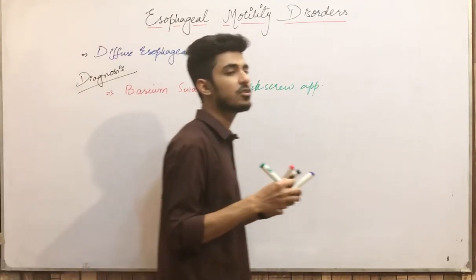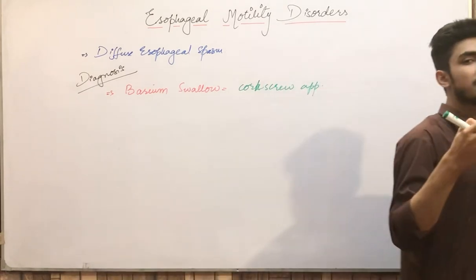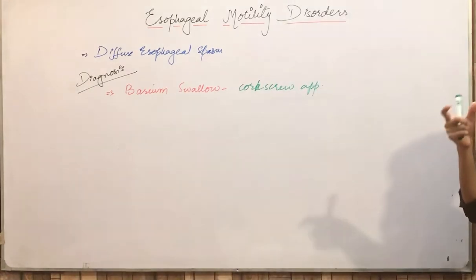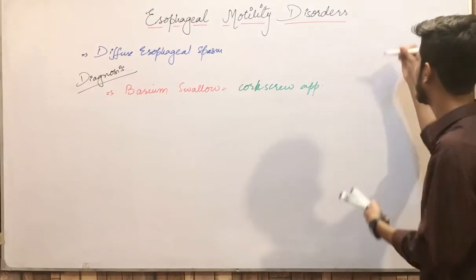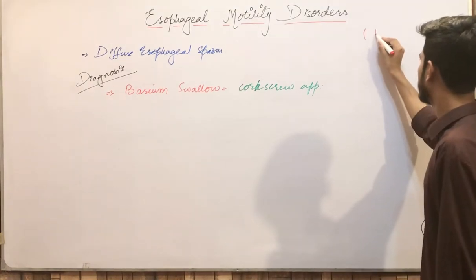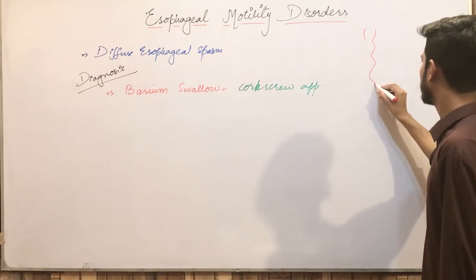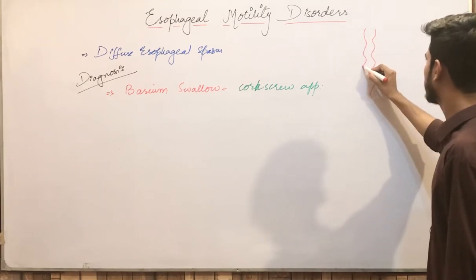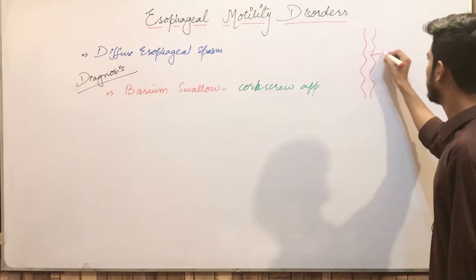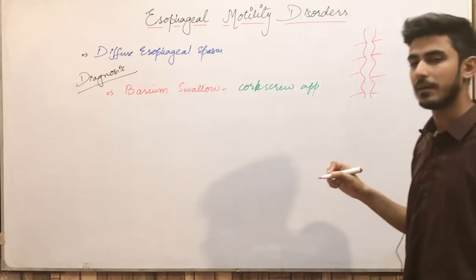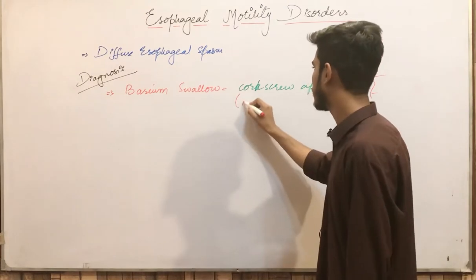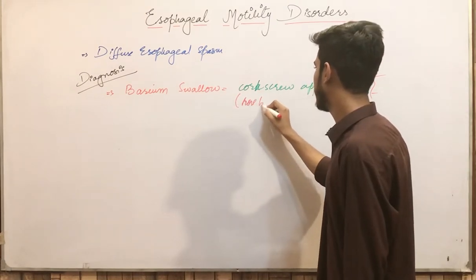This occurs because of discoordinated diffuse contraction. For example, this is your esophagus, and in this way you will see the contractions. Diffusely it is contracted. This is the corkscrew appearance, or you can say rose beaded appearance.